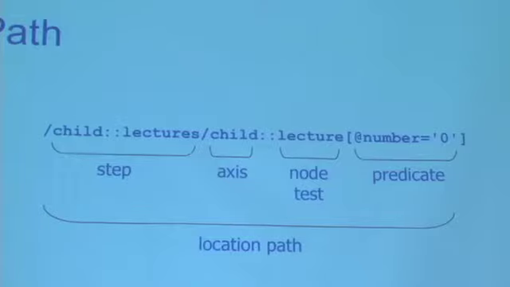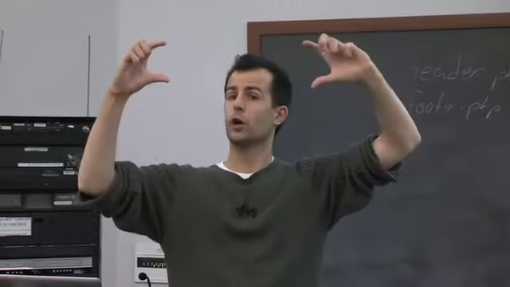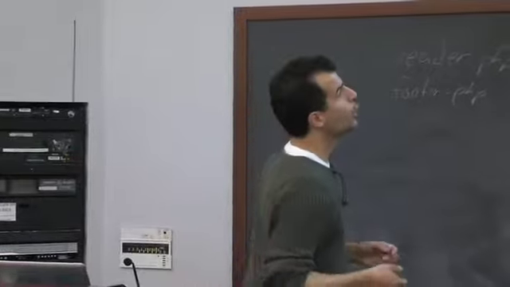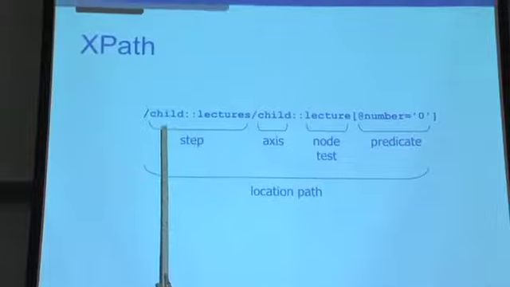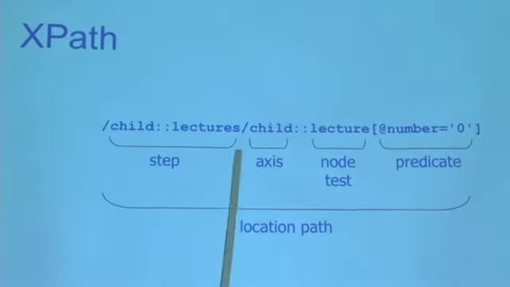So this is consistent with our example from last week, where we had lectures.xml. The root element was lectures, inside of which was one or more lecture elements. And in those was resources and formats and all of that. So what I'm next doing here is taking another step. Together an axis and what's generally called a node test, or in this case just the name of a node, lectures.